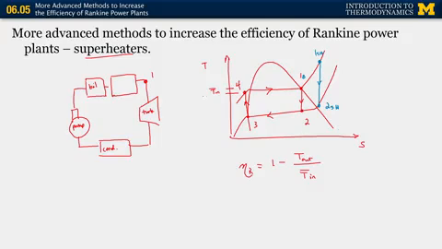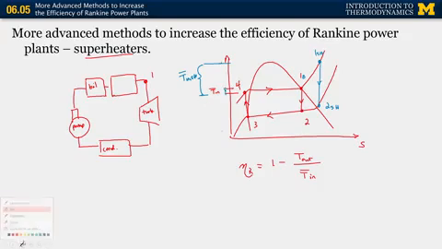And you can see T in for this range of temperatures is significantly higher than we had for our basic Rankine power plant. So let me show you that here. So this is the average temperature averaged across this temperature domain as opposed to this temperature domain for the basic boiler, basic system.